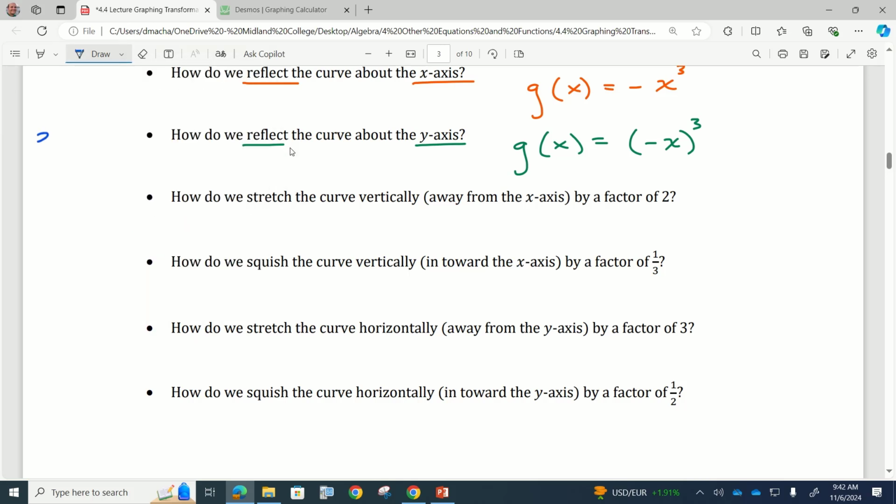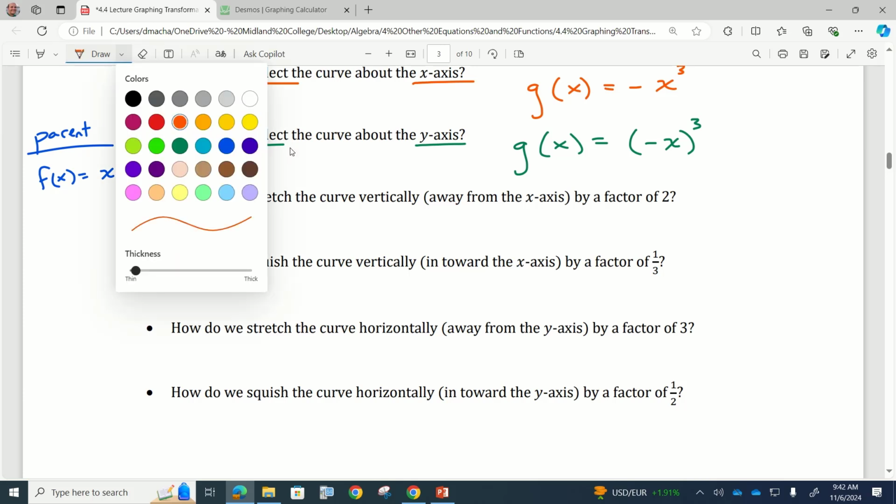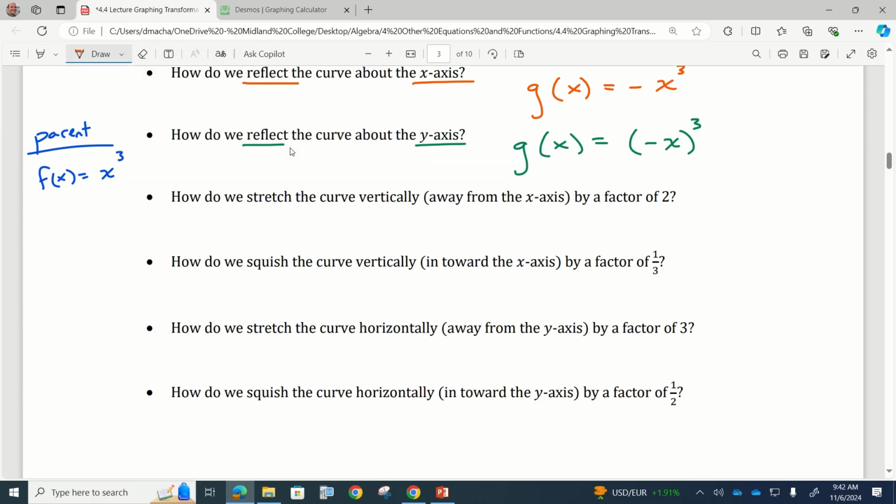Okay, I'll rewrite my parent function over here. And let's say I want to take the same function, but I want to stretch the curve in the vertical direction by a factor of 2. What do I do?